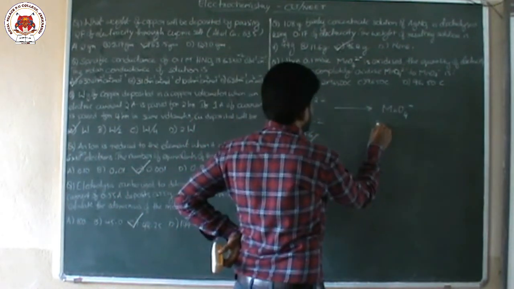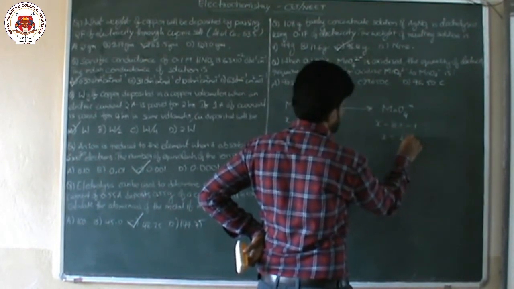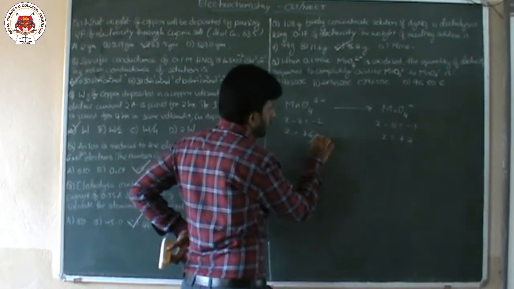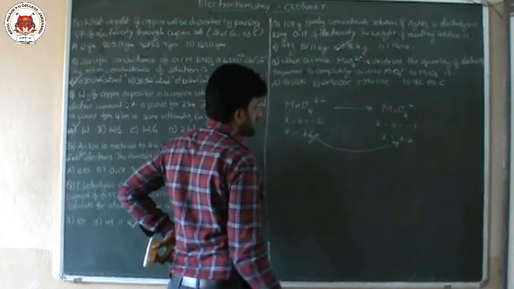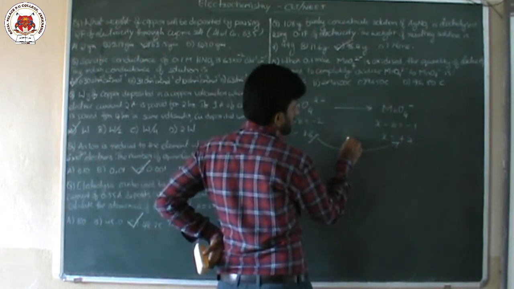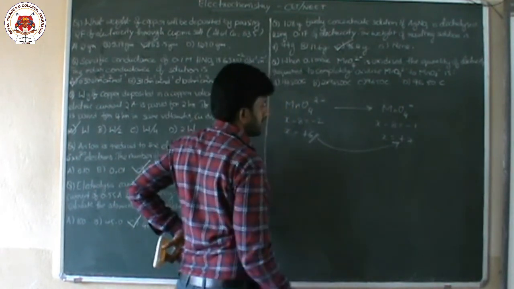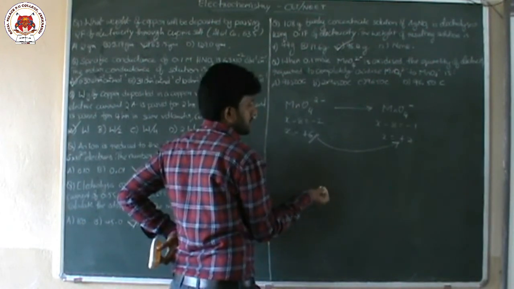Here x minus 8 is equal to minus 1, x is equal to plus 7. That means MnO4 2 minus converted to MnO4 minus means how many units change in oxidation? 1 electron. Plus 6 to plus 7 means losing 1 electron.